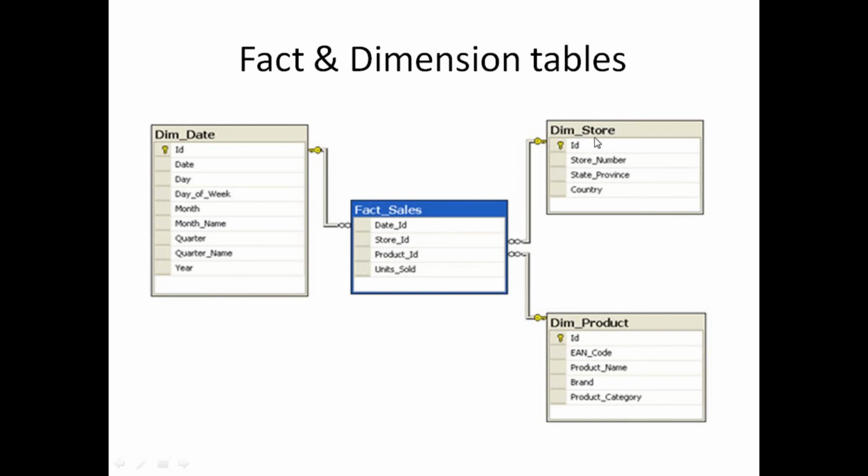In this dim store table, ID is connected to store ID. Here dim product ID is connected to product ID. But unit sold, what is unit sold? That is a measure or metric, right? So it is the fact table. Fact table is connected with 3 dimension tables. This is the star-like schema.